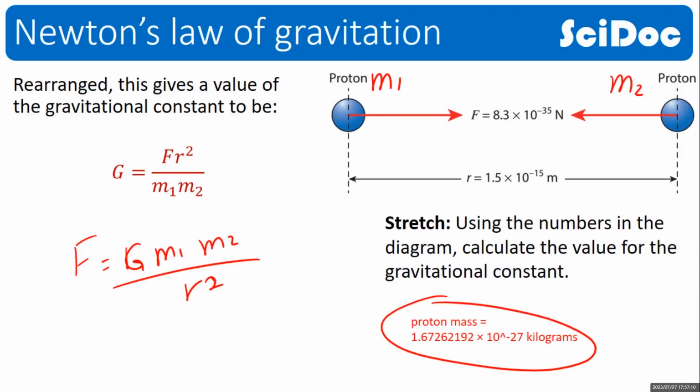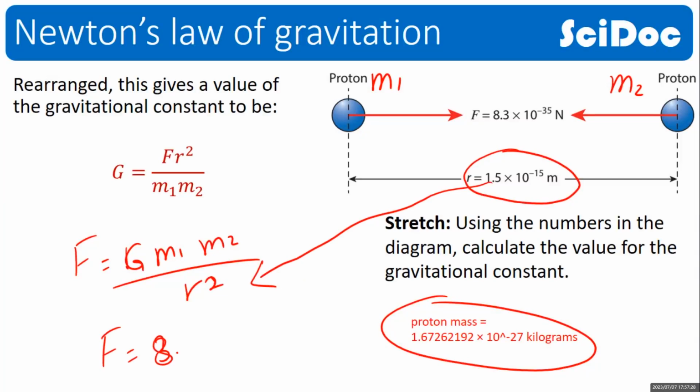The distance between the centers of these two protons is 1.5 times 10 to the power minus 15. We can put the distance in this formula and calculate the force, which comes out to be 8.3 times 10 to the power minus 35 newton.